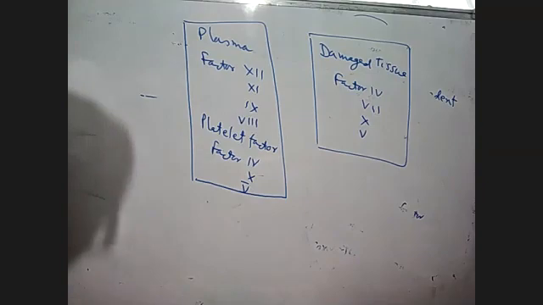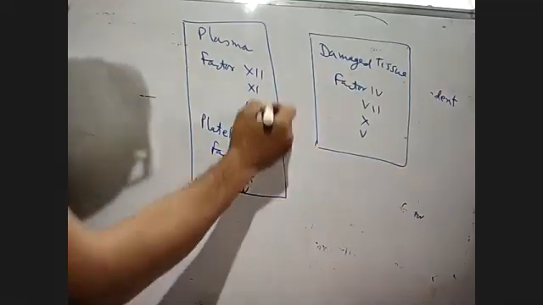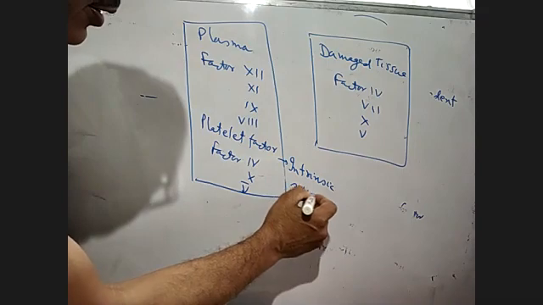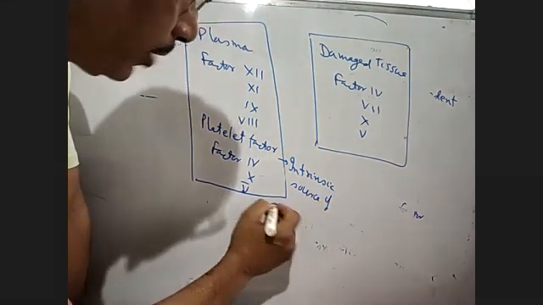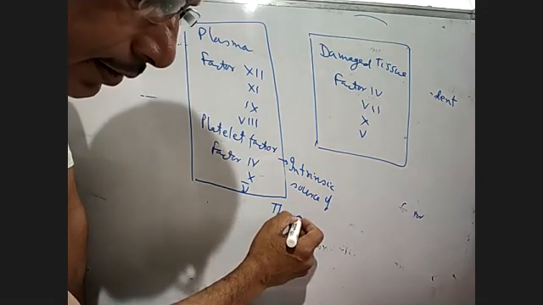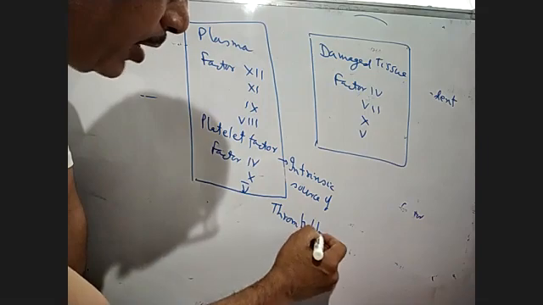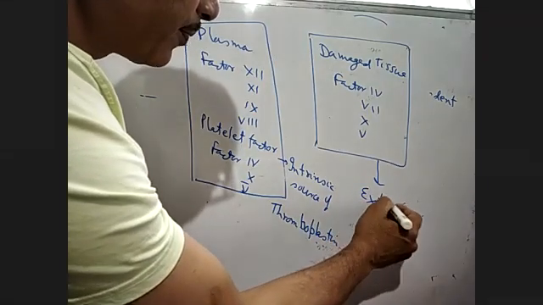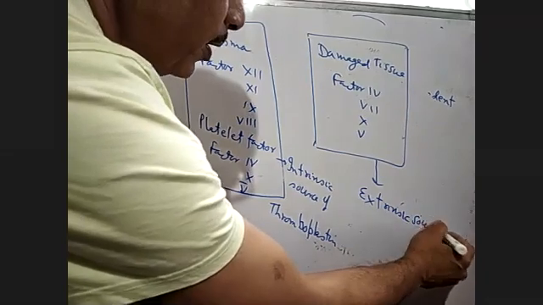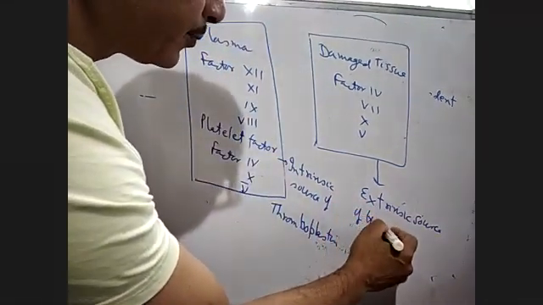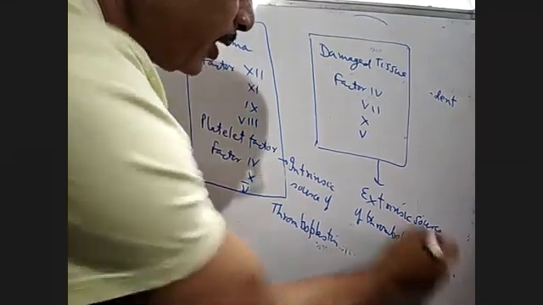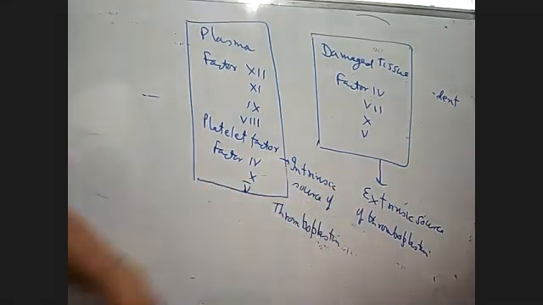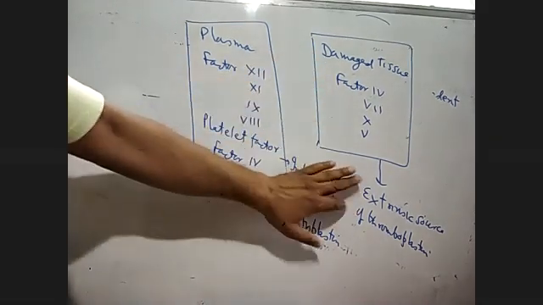The plasma will act as the intrinsic source of thromboplastin, and the damaged tissue is the extrinsic source of thromboplastin.